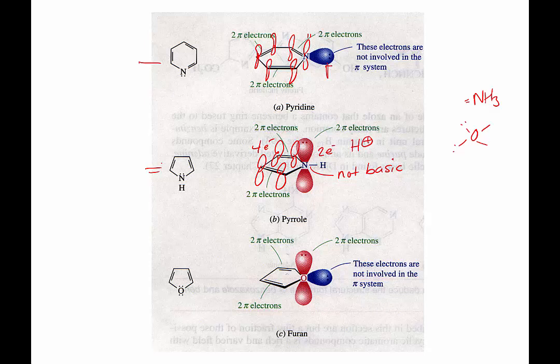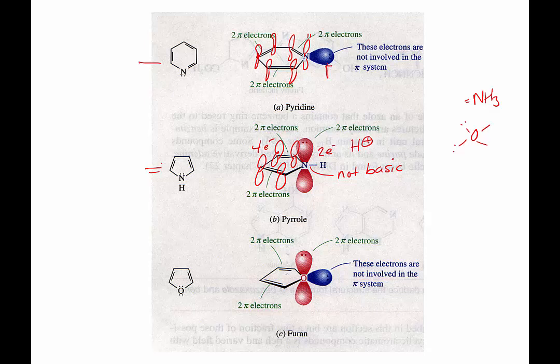Sarah? So for a pair of electrons, can it have the choice between not being part of the pi system to make it sp3 instead of sp2, or is it always going to be these scenarios? If it has a choice to become part of the aromatic system and become aromatic, it's going to. The molecules are always going to go to their most stable, lowest energy.